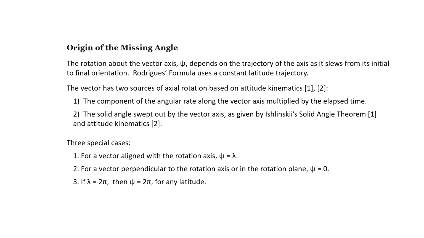So if you have a vector pointing aligned with the rotation axis, then the vector will rotate with the rotation axis, so then psi will be equal to lambda, because lambda is the rotation about the axis, and psi is the rotation about the vector. And so if the rotation about the axis is a complete rotation of 2 pi, then the rotation psi will be 2 pi also for any latitude on the Earth, for example, which may not be known by many people.